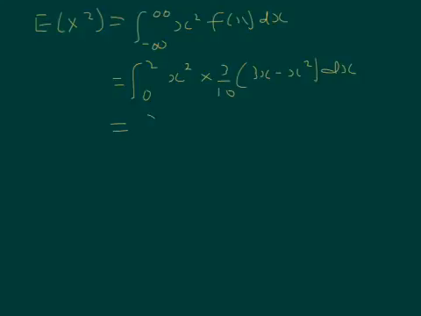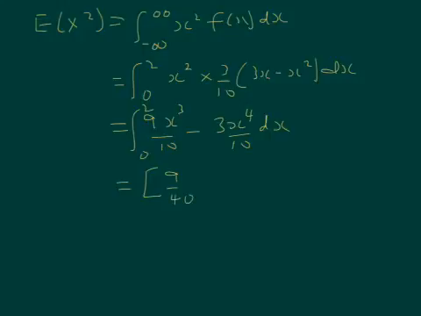So 3 times 3 is 9, so it's 9x cubed over 10, still at the integral stage, minus 3x to the power 4 over 10. Integrate each bit separately, and we get 9/40 x to the power 4 minus 3/50 x to the power 5 from 0 to 2. Substitute in the values, and we get 42 over 25.